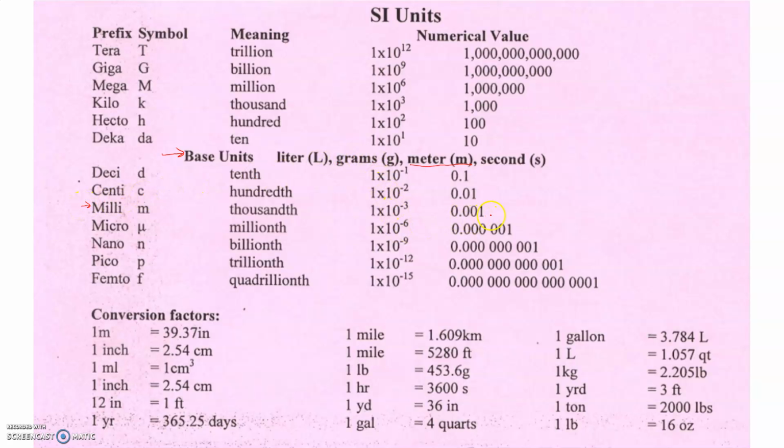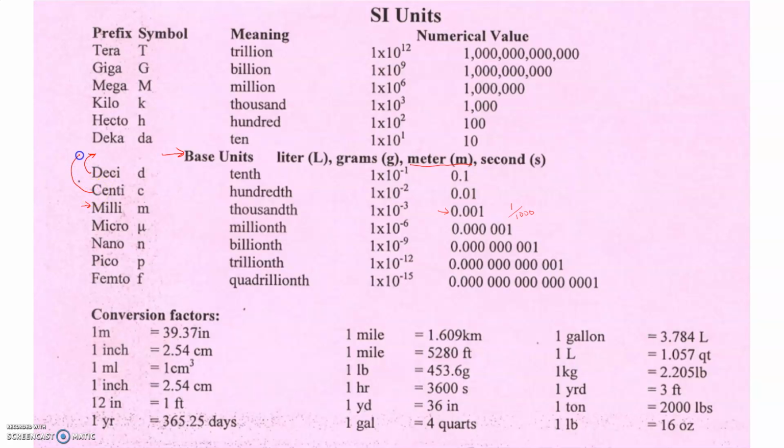So millimeter is 1/1000th of a meter. So there's 1,000 millimeters in 1 meter. Now the key to this pink sheet is that these prefixes are all relative to the base.